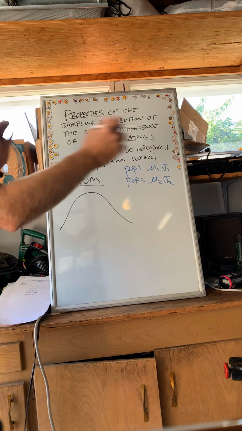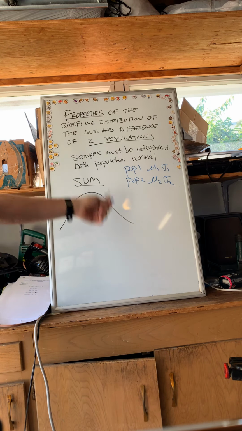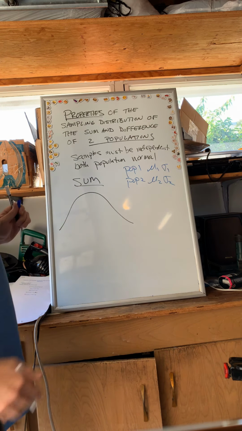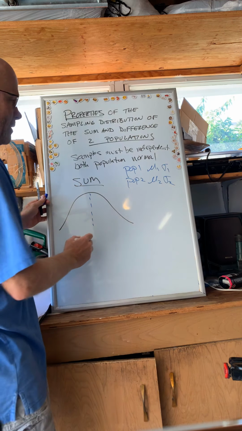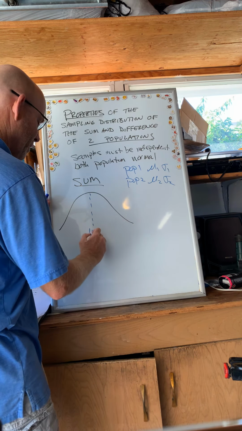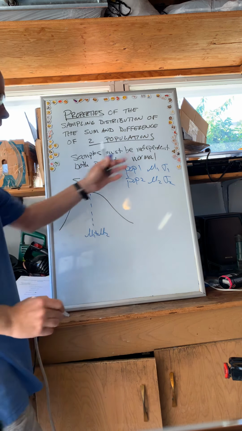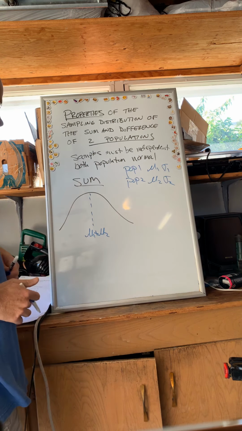So when we do all the possible combinations, we're going to get a normal curve as long as both populations are normal. The mean of this normal curve is probably what you would expect: mean 1 plus mean 2. We just add the two means together, and it gives us the mean of the distribution.